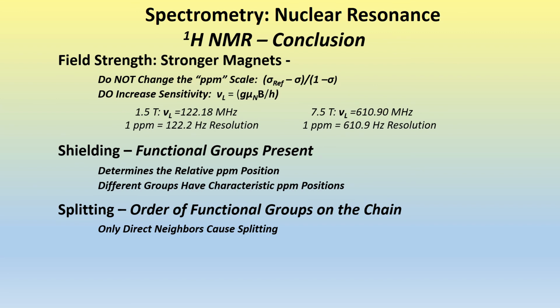This gives an indication of what order these functional groups appear in a chain, because only direct neighbors can cause splitting. So now we know what the molecule is made of and where the pieces are. Finally, two-dimensional NMR can tell the investigator how that molecule is shaped, what conformations it is undergoing, and what changes it makes.